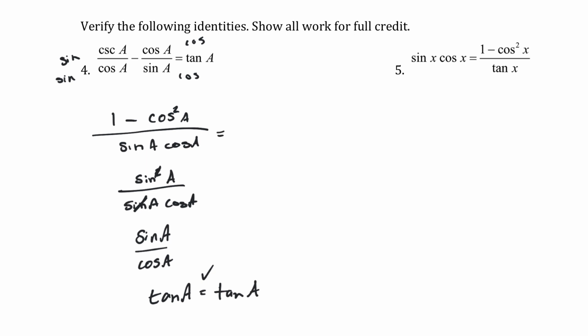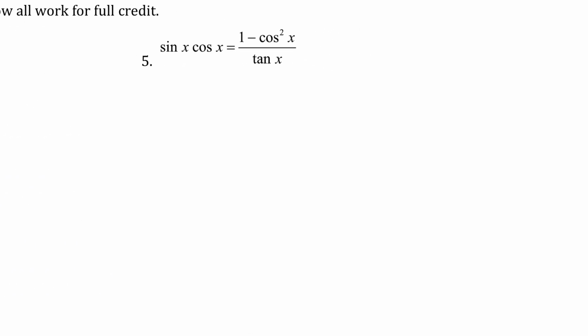Let's keep moving on. The next one we're going to look at is number 5. I think using the fraction is easier to change, so we're going to start on the right side this time. And so we're going to change that 1 minus cosine squared to sine squared x over tangent x. I think changing things to sine and cosine makes sense because what I have on the left side is just sine and cosine. And so we'd end up with sine squared over sine over cosine.